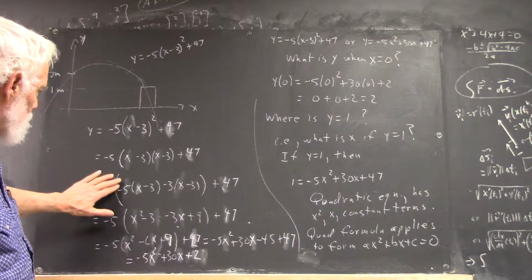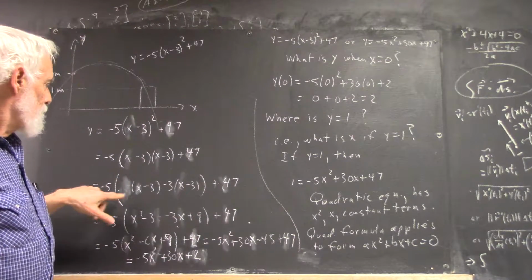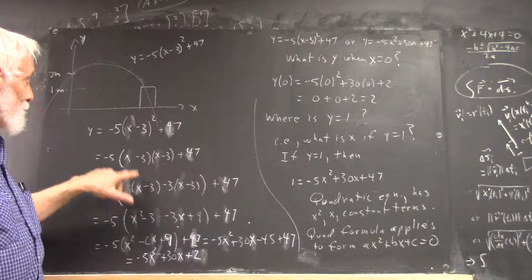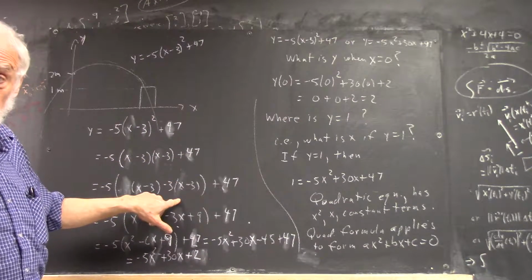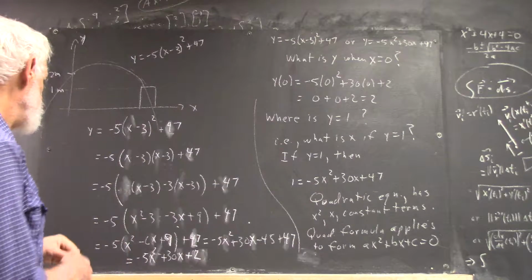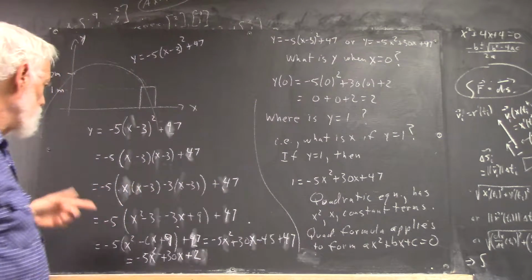Okay, and I miswrote here. I wrote a couple of -5s here. So x minus 3 times x minus 3 is x times x minus 3, minus 3 times x minus 3. That's the distributive law. And then we apply the distributive law. I should have written x here instead of -5.